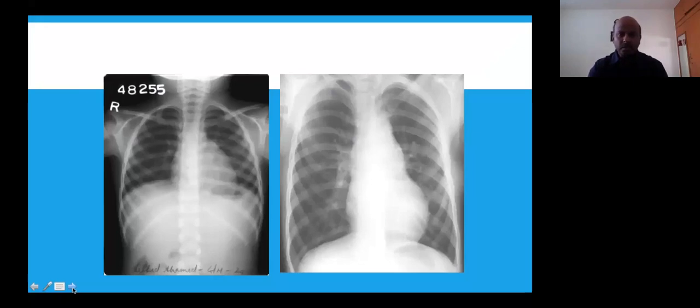But what about the X-ray of the adult with the PDA? What do you think are the findings here? So you have the aortic knuckle, RV apex.